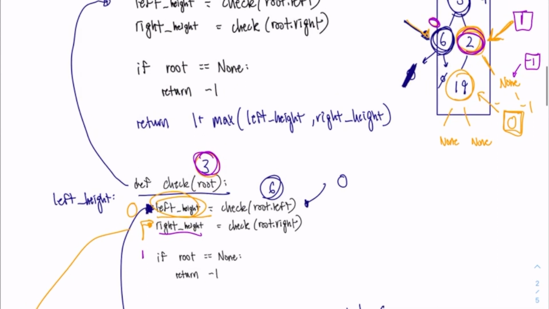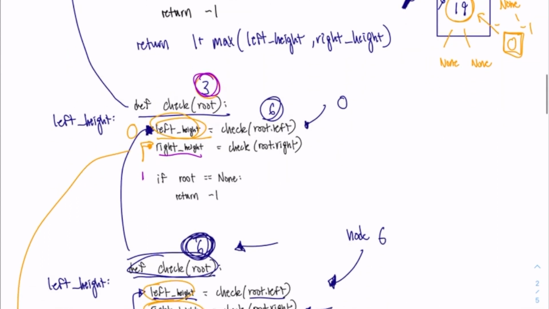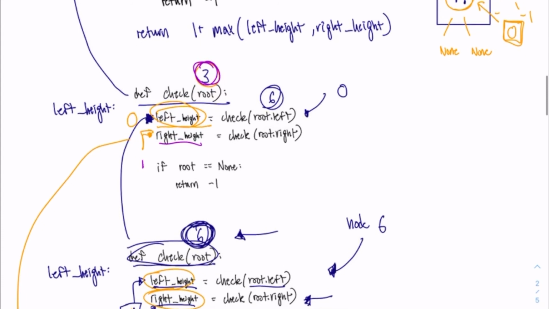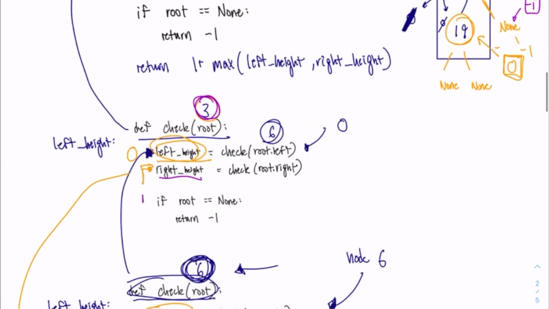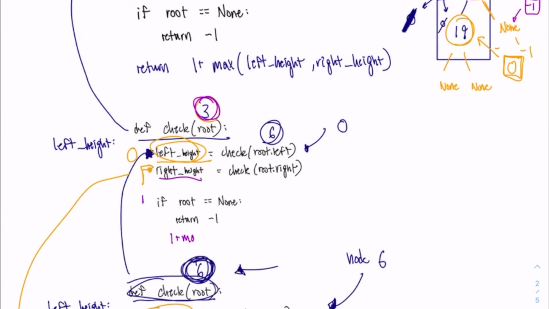So now we can apply the 1 plus max formula for node 3, which is 1 plus max left height, right height, and we return this.